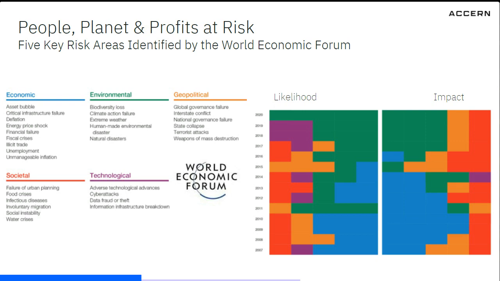And as you can see on this chart, in 2020, the top five risk topics or themes that came up in the report were all related to environmental issues. And the same goes for the severity of impact dimension, where the top three risks were associated with environmental factors, and then one was associated with geopolitical, and the last one with societal.